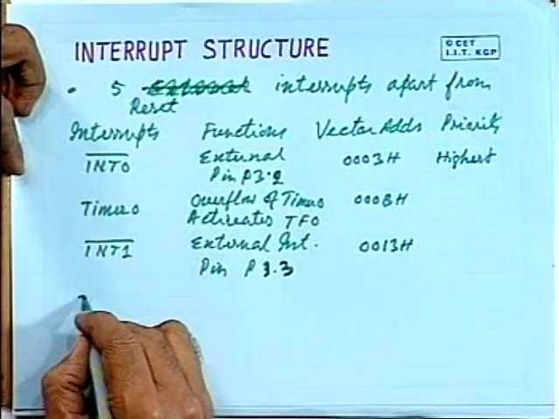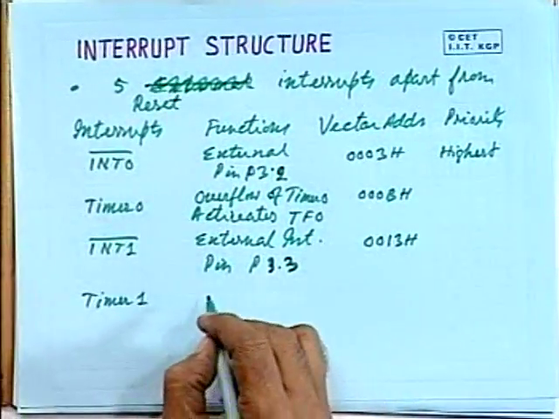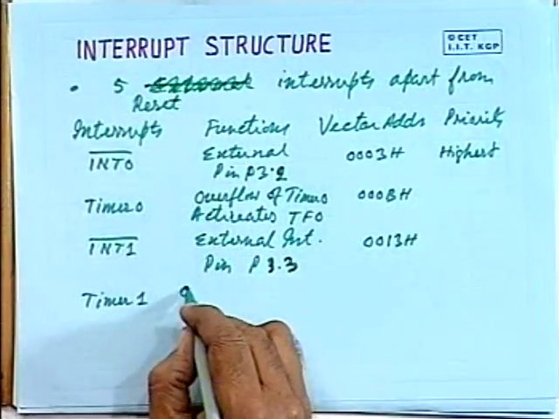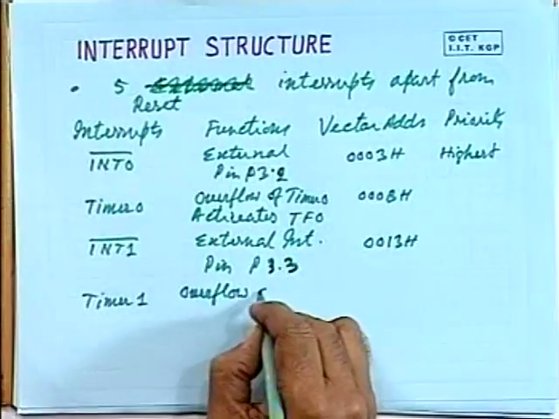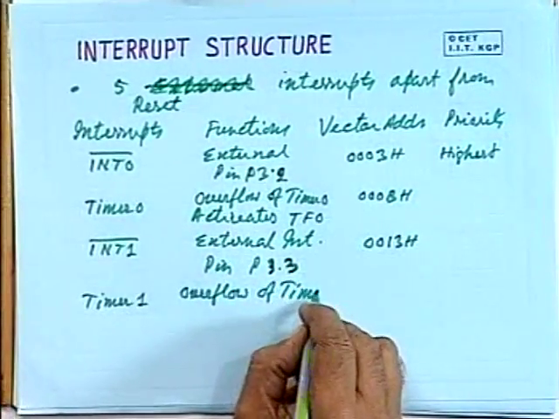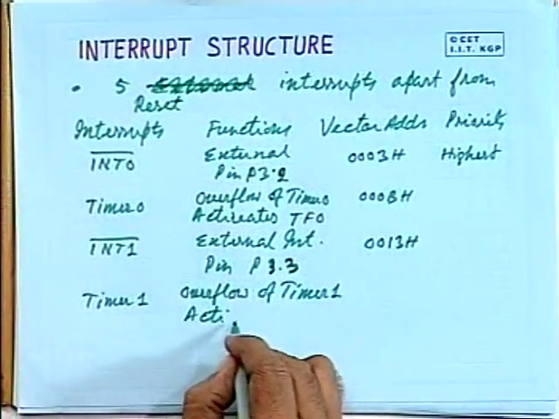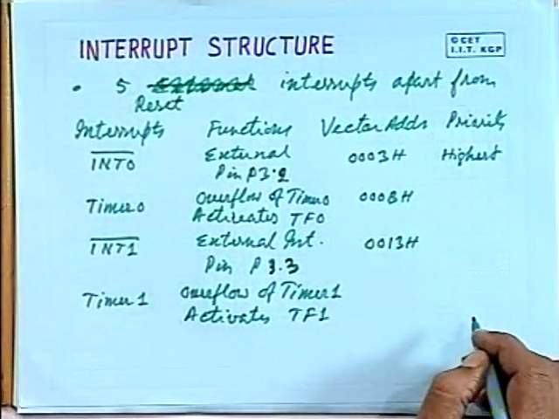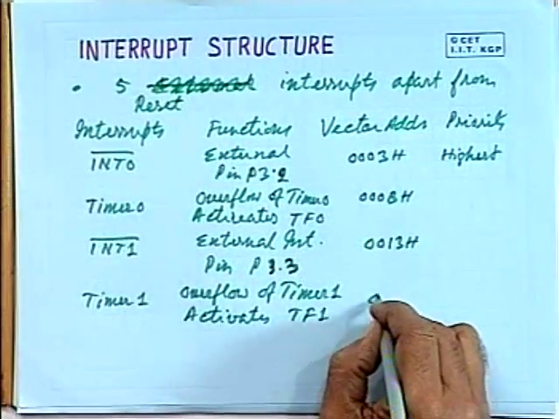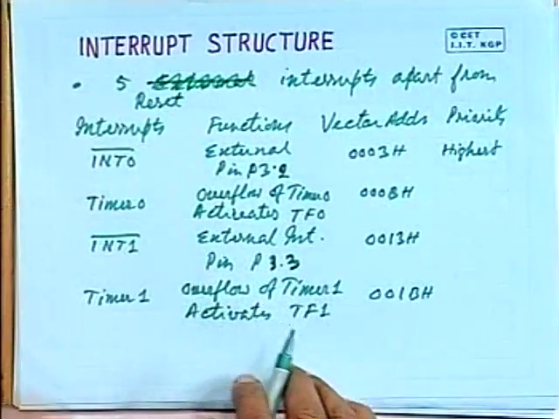Then you have got another timer, timer 1, and timer 1 has a corresponding interrupt which occurs when there is an overflow of timer 1, and it activates the TF1 flag bit, and the corresponding address is 001B in hex.